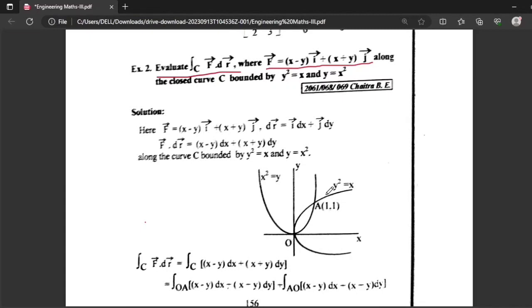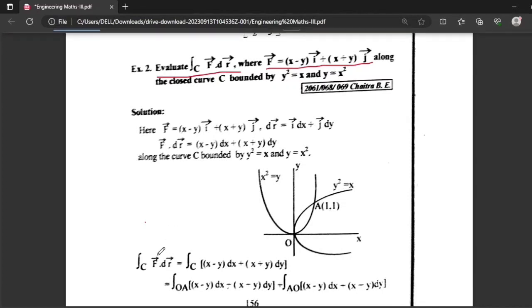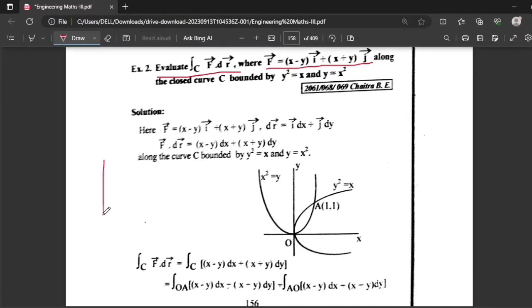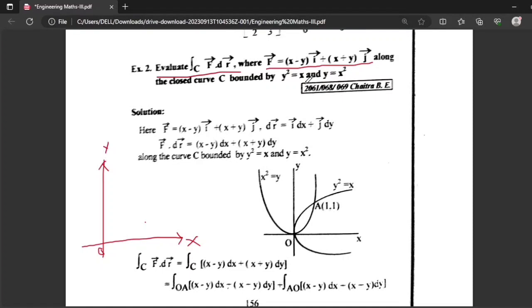So first of all, we need to draw the parabolas. First we show the x-axis, y-axis, and origin O. Then first is y square equals x.